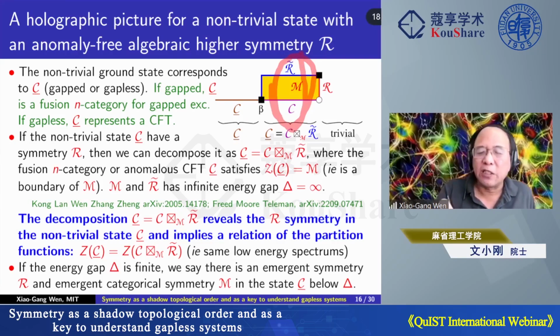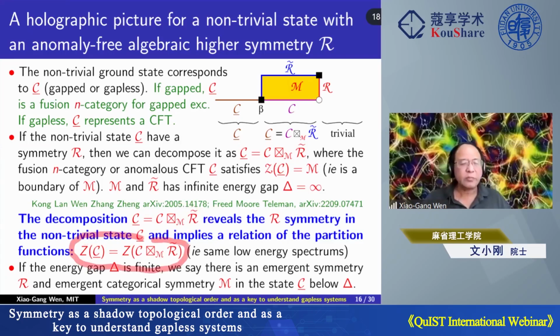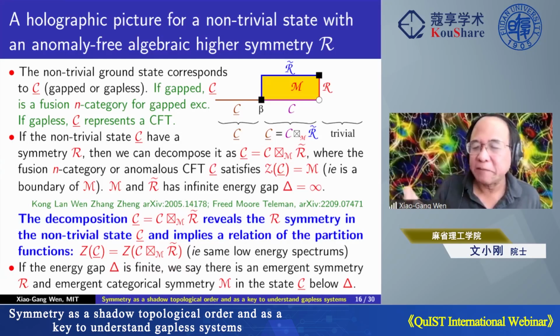Therefore, the original system and the composite system have the same partition function. That is the meaning of this decomposition. When you write this decomposition, it means they have the same low energy extension. Their partition function at low temperature is the same.